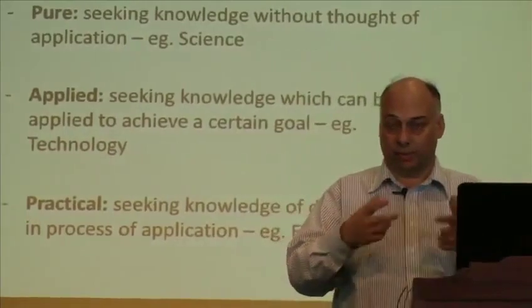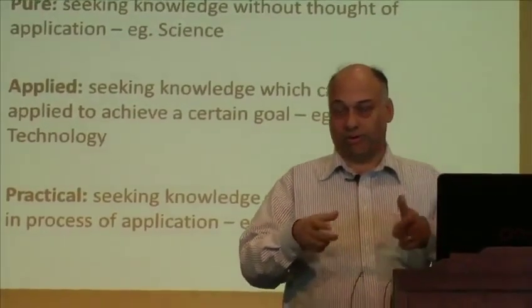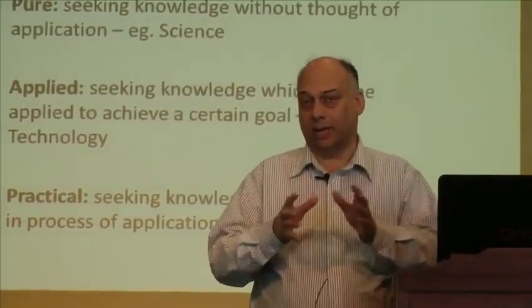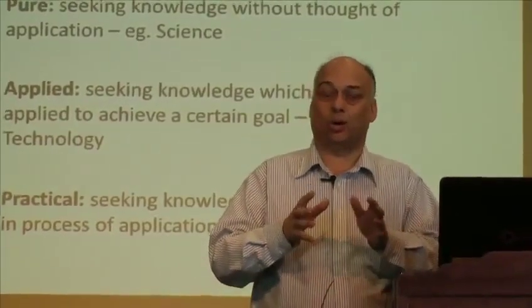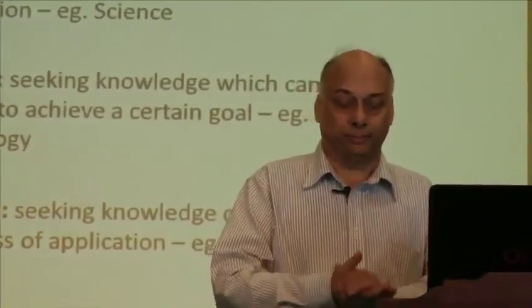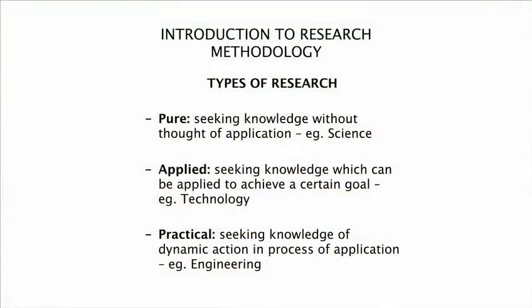We can have a certain kind of modificatory intent acting on the knowledge that we have. The third kind of knowledge, functionally speaking, is practical knowledge. We move further into application or into operation in practical knowledge. Practical knowledge seeks the knowledge of things for dynamic action in the process of application.